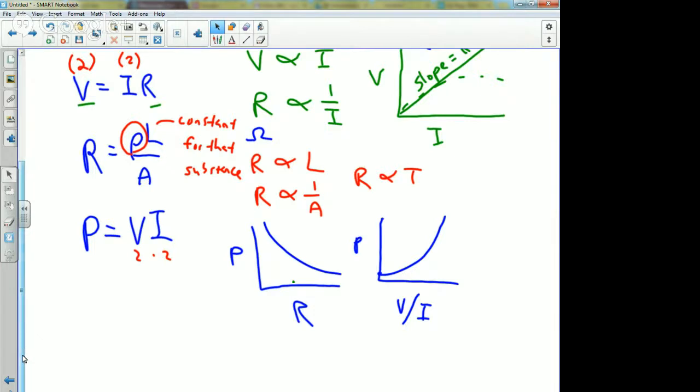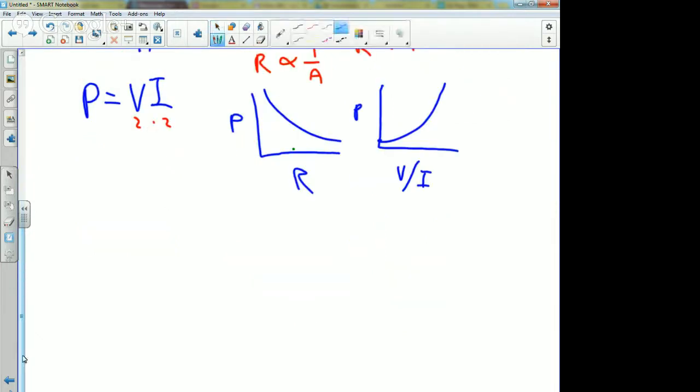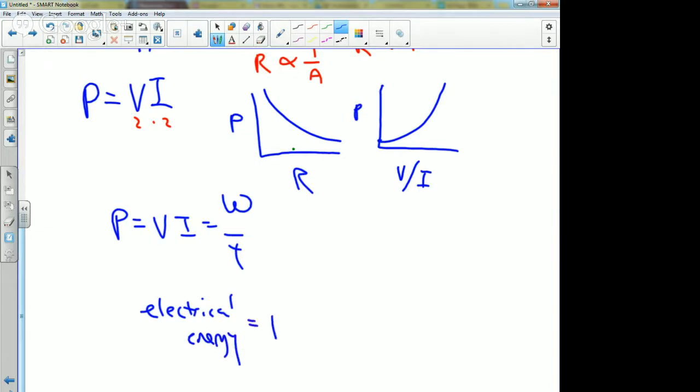Also, of course, power, which equals V times I, can ultimately be set equal to work over time. So whenever we talk about electrical energy as W, it's relatively equal to power times time. And because we are talking about work and energy or power, we can always relate this stuff back towards efficiency.